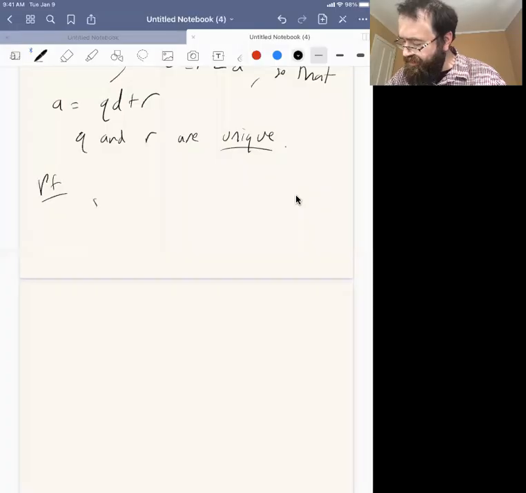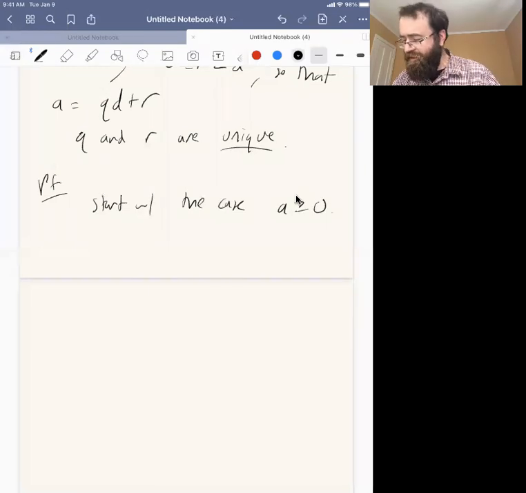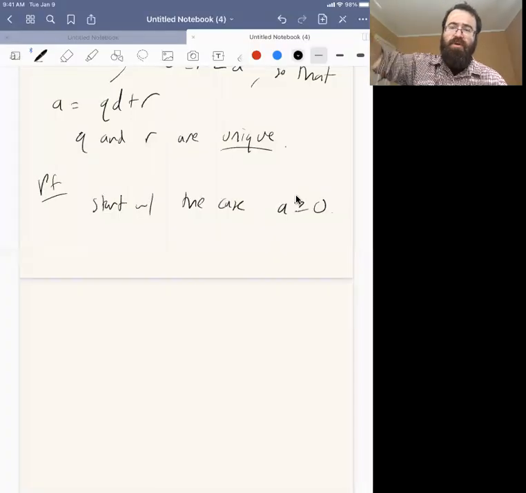So we start with the case a greater than or equal to 0. Okay, so d is a natural number, and now we're saying a is 0 or greater.